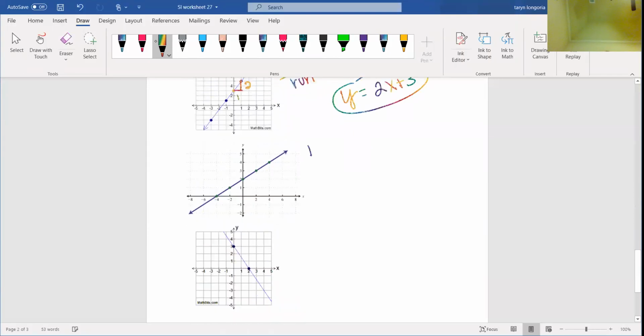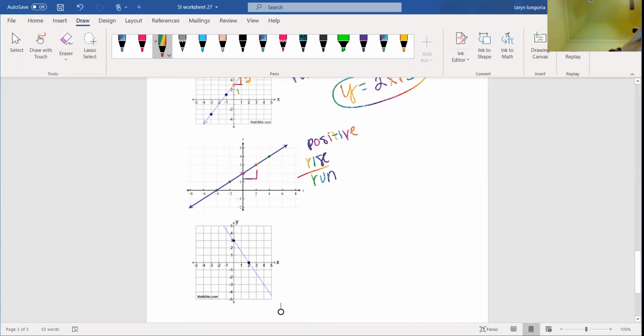Okay, same thing. Positive graph. Rise over run. So find the 2 points you want to use. It's going up by 1, so your rise is 1 and your run is 2.